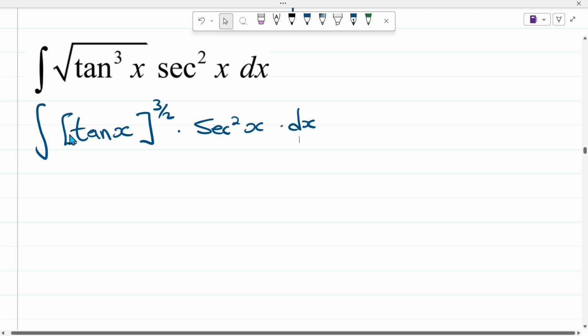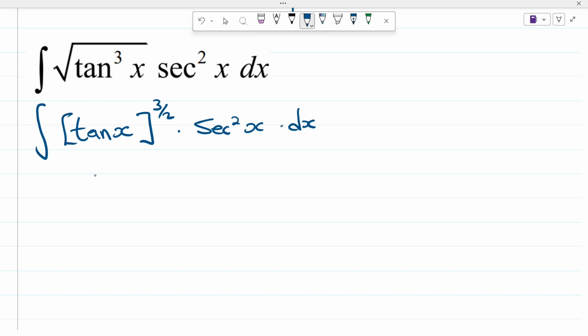So you check. If we let tan x be our function, is sec squared of x the derivative of that? Yes. So meaning that we can just apply general power rule. Also, our n is not equal to -1, so we can use general power rule, of course.